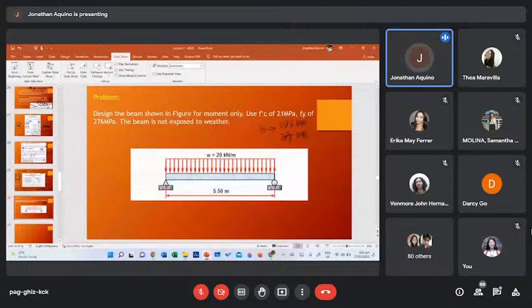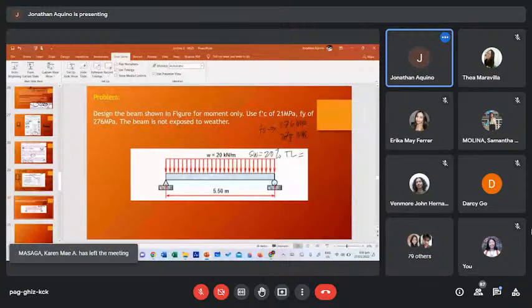Okay. So with this problem, of course, we need to approximate the weight of the beam since wala pa tayong dimension ng beam. So let's say we assume that the self-weight is equal to 20% of the total load. So meaning the total load, including the beam weight, is 20 times 1.2, just simply 24 kilonewton per meter.